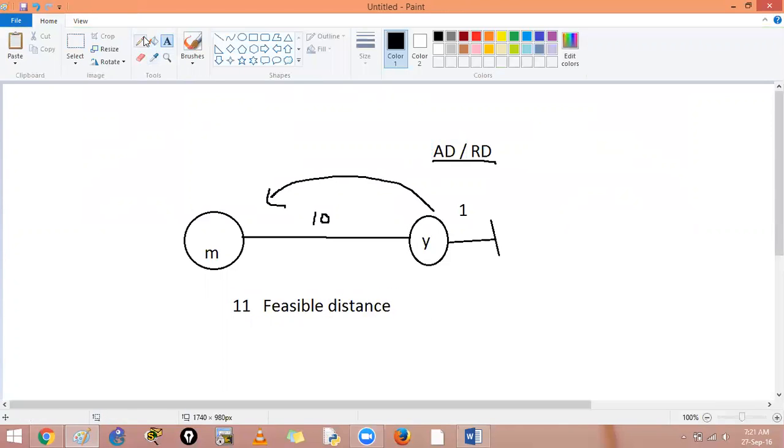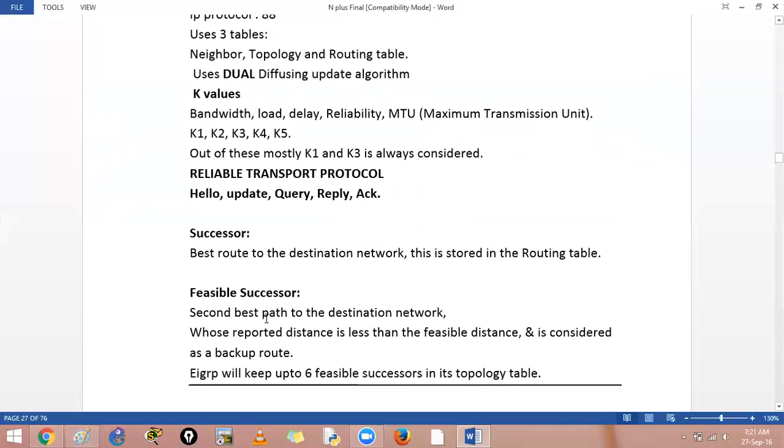So the distance that has been told to me from my neighbor is the advertised distance. You advertise it to me, and from me to reach the actual network, the feasible distance is this one, right? Now, there is also one criterion of the feasible successor. It says that whose reported distance must be less than the feasible distance.